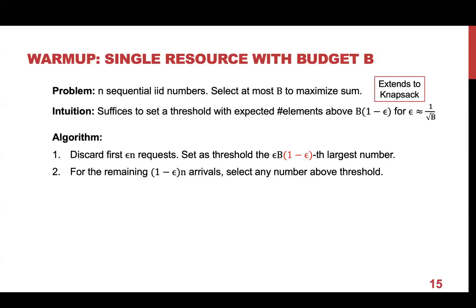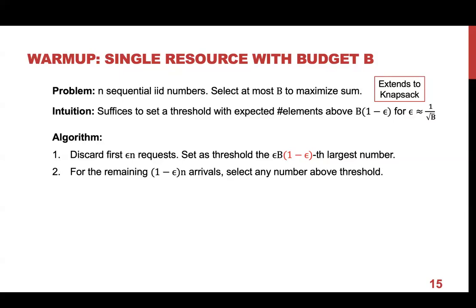So the epsilon B-th largest element in the first epsilon n requests is going to be close to the B-th largest overall, as long as concentration takes care of the standard deviations. And that's what you do.